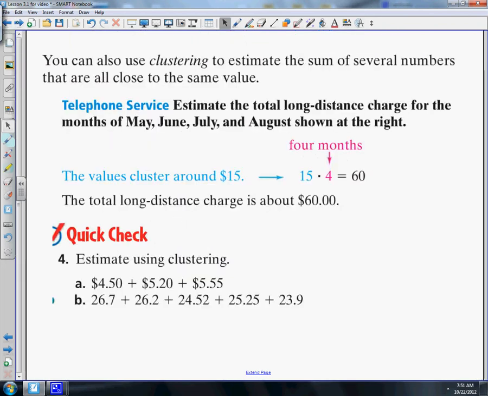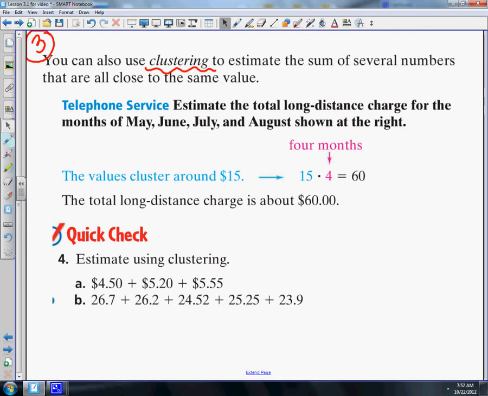All right, the next one is called clustering. This is number 3, the third type of estimating. You estimate the sum of several numbers that are all close to the same value. So I do this when I'm at Target and I have bought like 3 shirts for myself, and they're all about the same.